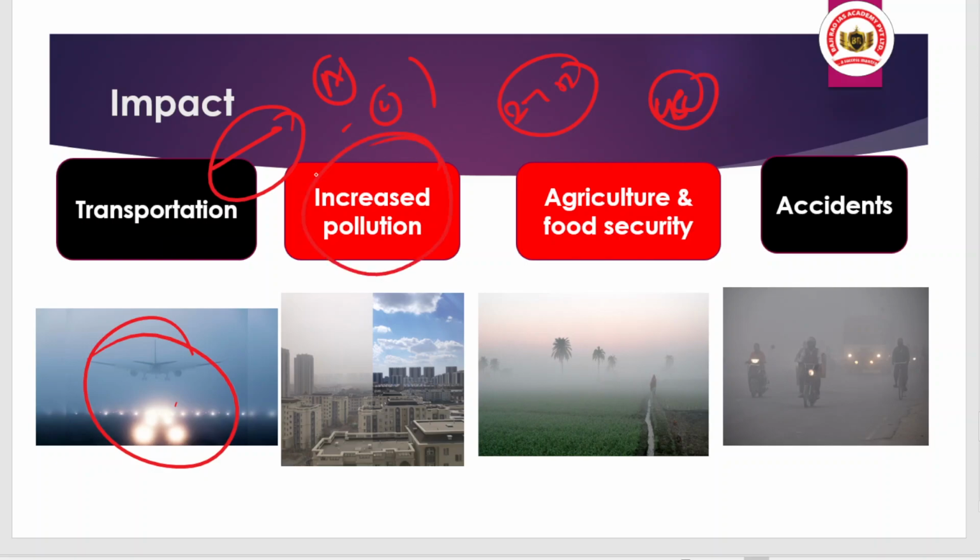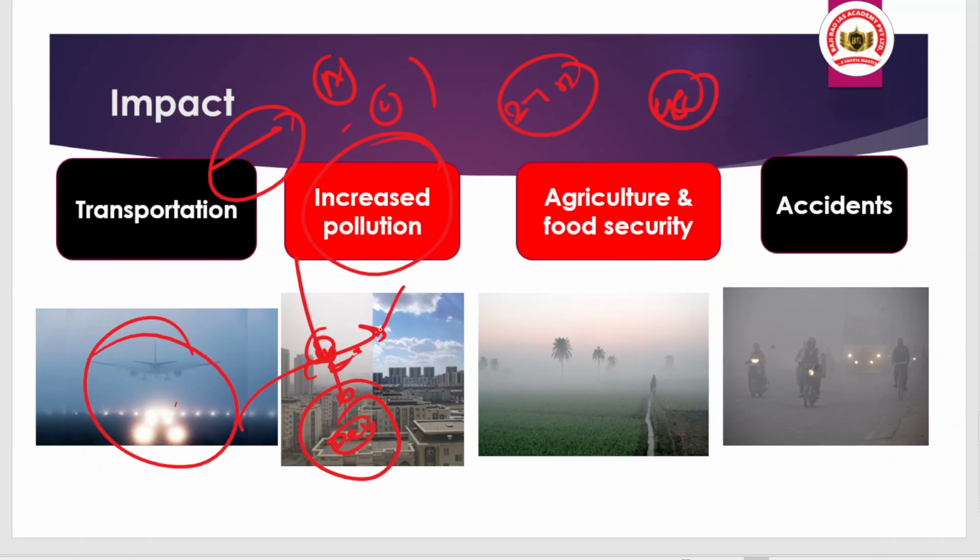Then there is increased pollution, because in winter the air remains stable at a particular location. There is less wind flowing, and let's say we talk about Delhi: why does the pollution in Delhi become severe in winter? Because in winter there is no wind exchange mechanism, and whatever pollutants or particulate matter there are, they come from the upper region of the atmosphere to the lower atmosphere, near the ground.